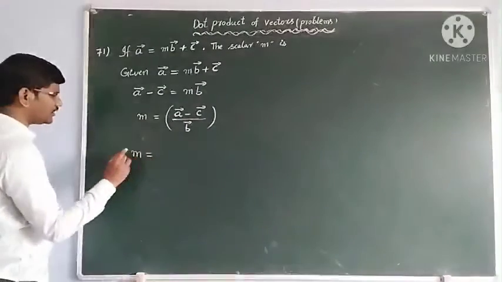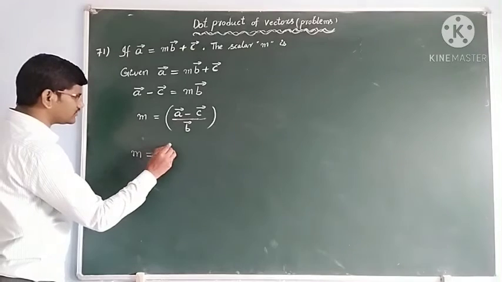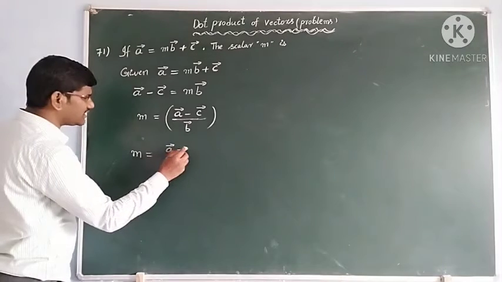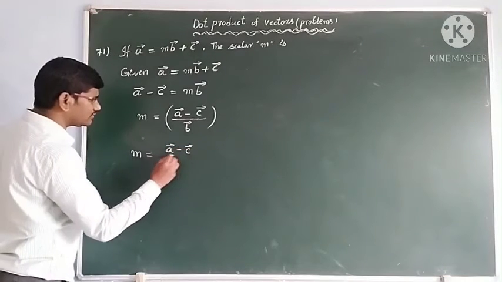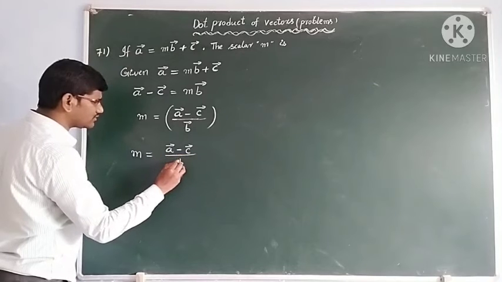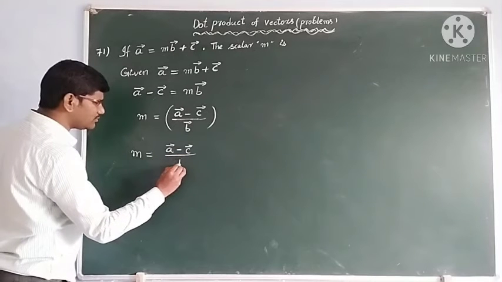Okay, this is the value we got. M is equal to A bar minus C bar by B bar.